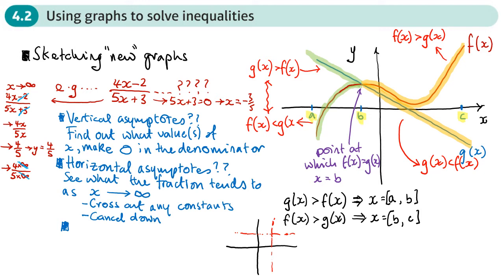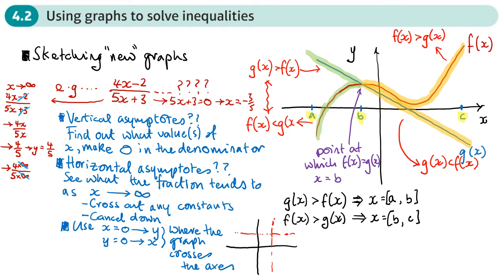And basically, I can just work out where the graph crosses the axis. So use x equals 0 to find your y coordinate, and use y equals 0 to find your x coordinate, to find out where the graph crosses the axis.